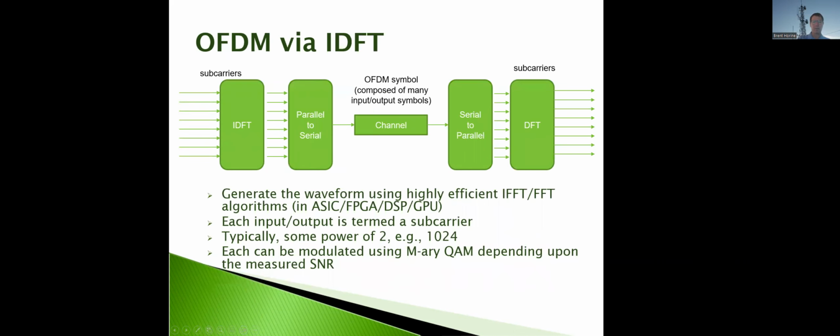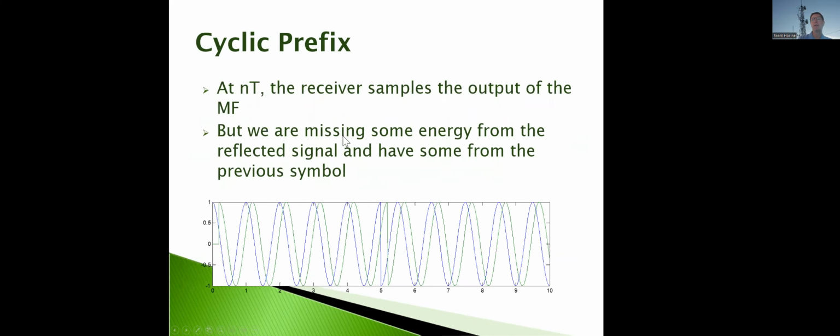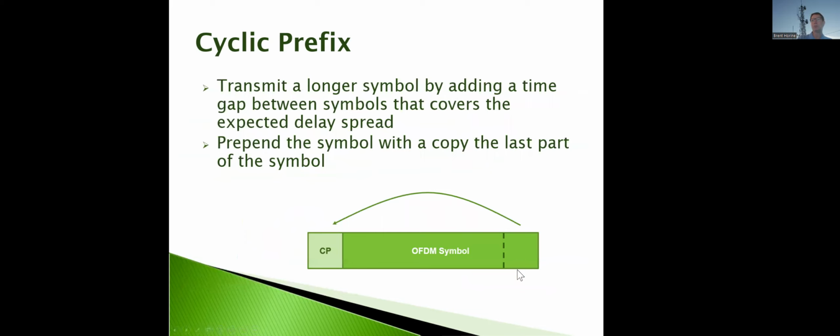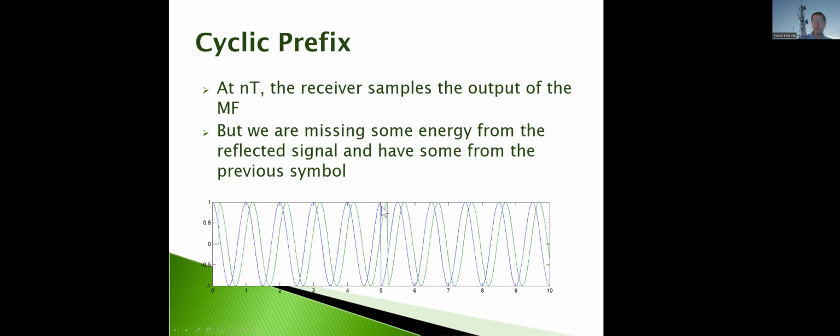So we're going to be right here at this output of the parallel serial converter. And we're going to take what's here and stick it in the front. And so we would take this type of signal and stick it over here, right? So that's going to kind of smooth this out.